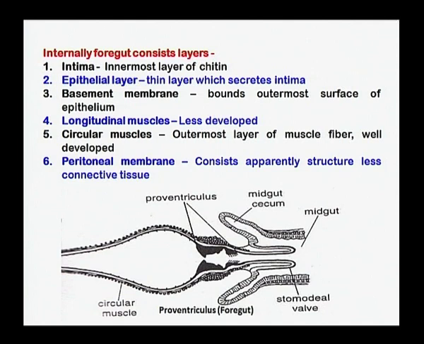Internally, the foregut consists of different layers: intima, which is the innermost layer of chitin, epithelial layer, and basement membrane. Besides this, longitudinal muscles and circular muscles are also present. And one important layer of the foregut is the peritoneal membrane, which is an almost structureless layer.